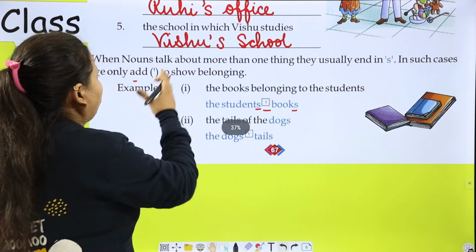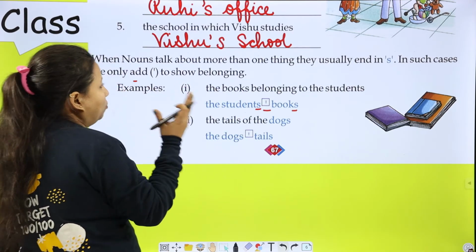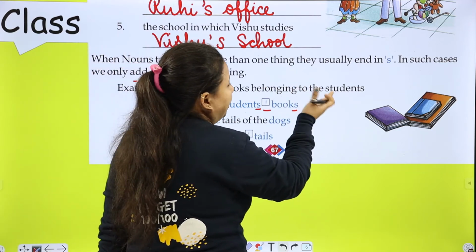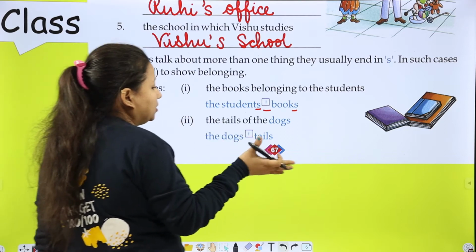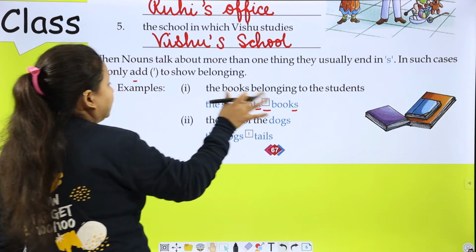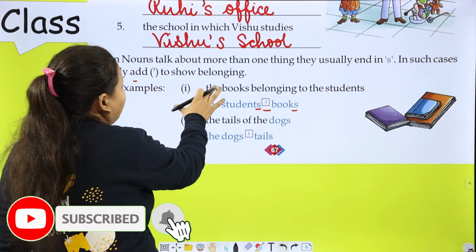Now, when nouns talk about more than one thing, it means plural things, they usually end in S, like books, notebooks, pencils, bags. In such cases, we only add an apostrophe to show belongings.